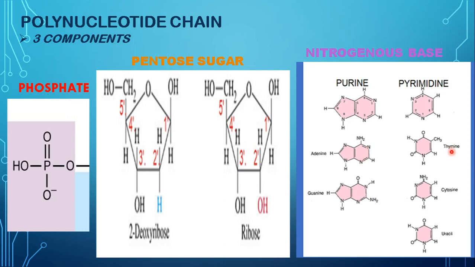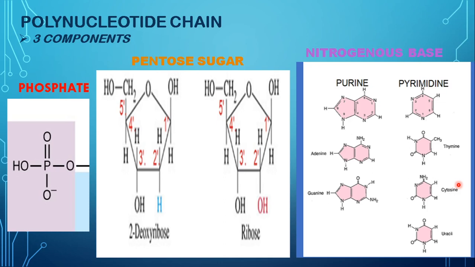Pyrimidines are thymine, cytosine or uracil. So in total, in the living system there are 5 types of nitrogenous bases, 2 purines and 3 pyrimidines.